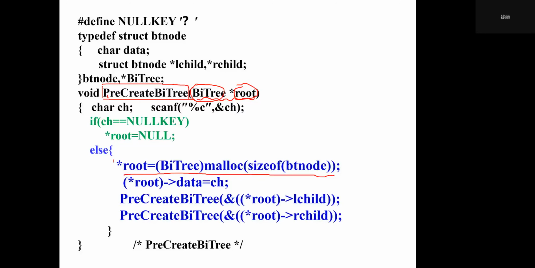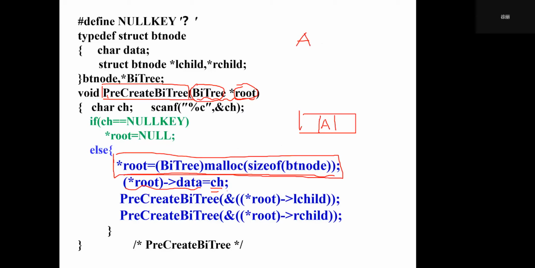So the first thing we will do when we read A is create, or you can say ask for the memory for A. And we use data to store A. So here, root data equals ch. And then the second step, do you remember in pre-order, we will go to the left subtree, right? So here, we will create the left subtree.